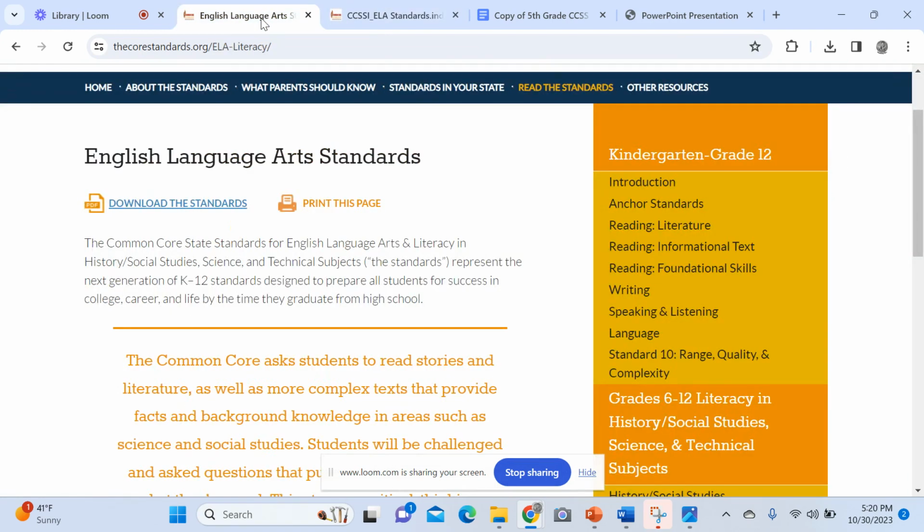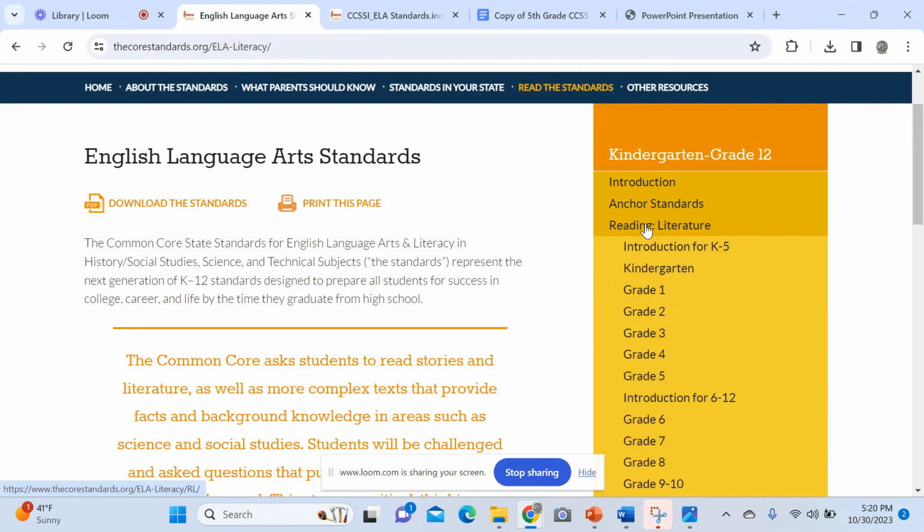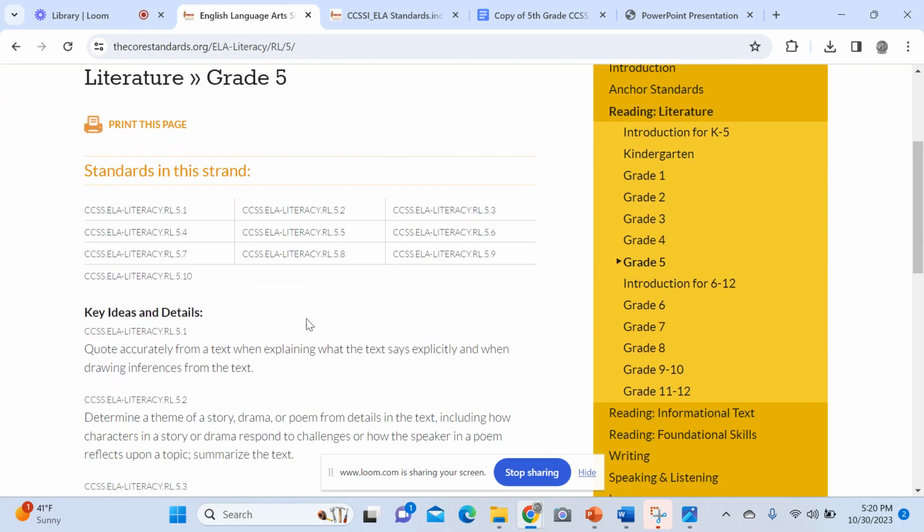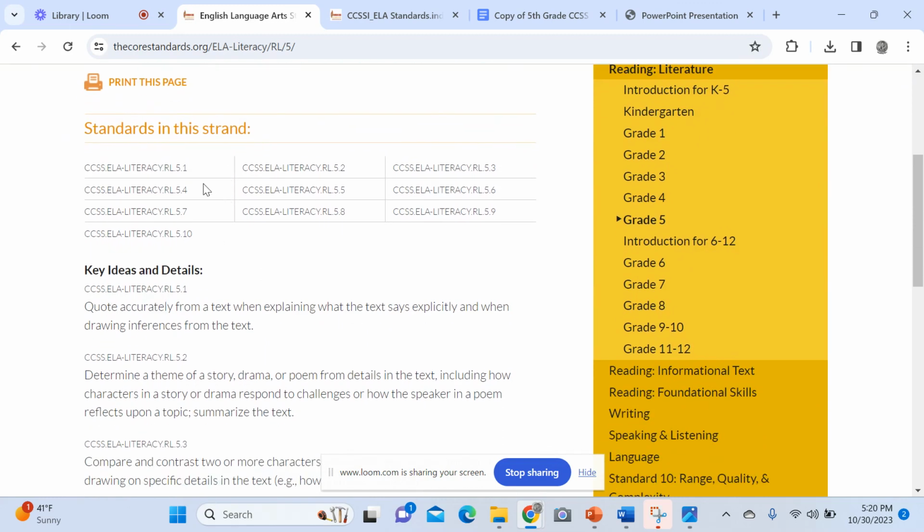The other option is if you are just looking at your own grade level. I planned a unit for 5th grade and I knew it was going to be a literature unit. So then I can come down here, click Reading Literature, grade 5, and this gives me the standards in this strand. So in my strand of literature, these are the standards for my grade level.